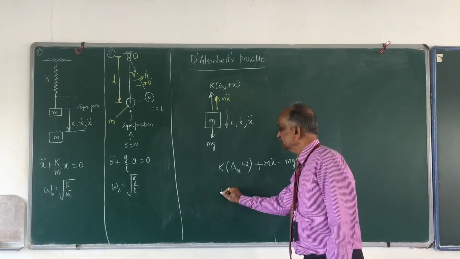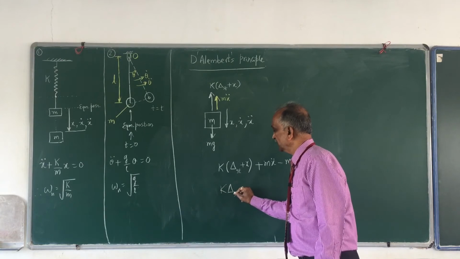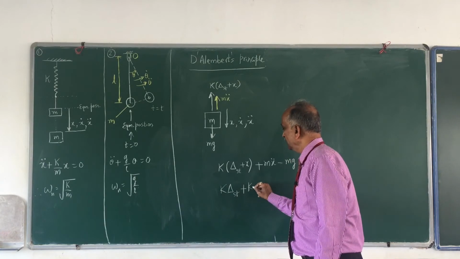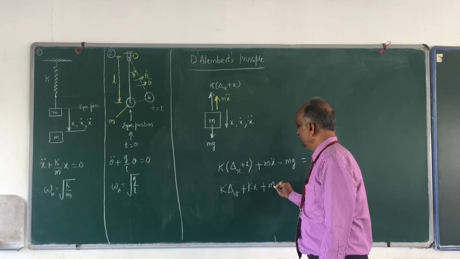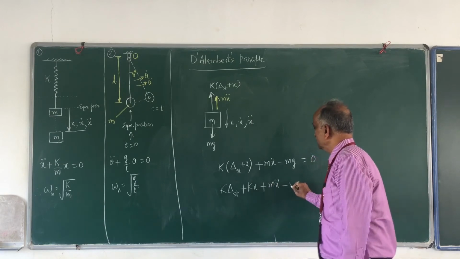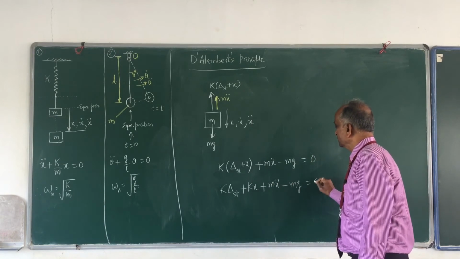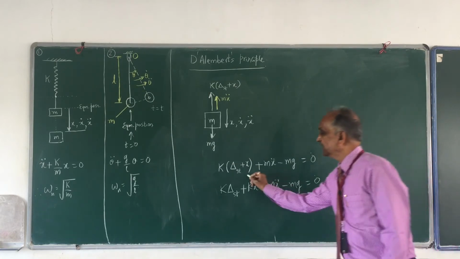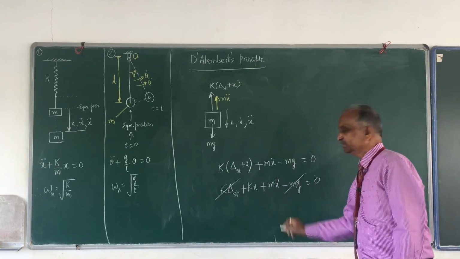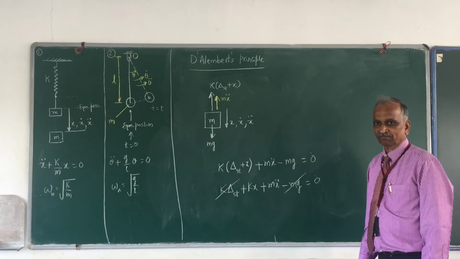Expand this: K into delta st plus K into x plus M into x double dot minus mg is equal to 0.